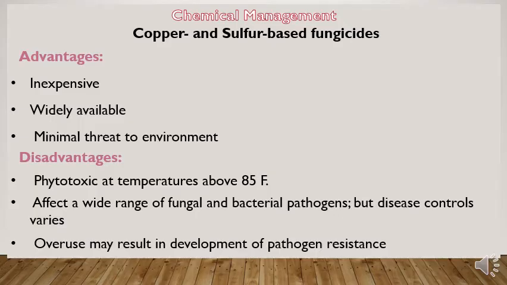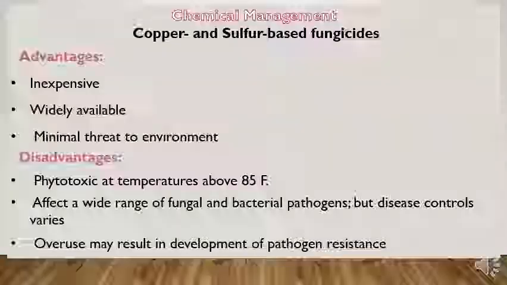These inorganic fungicides have advantages and disadvantages. For example, they are inexpensive, widely available, and pose minimal threat to the environment. But their disadvantages are that they are phytotoxic at temperatures above 85 Fahrenheit, and overuse may result in development of pathogen resistance.